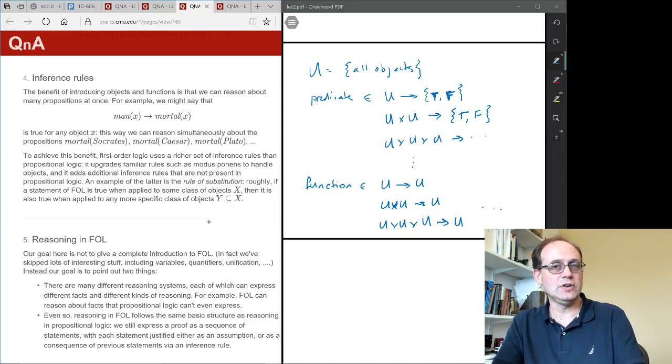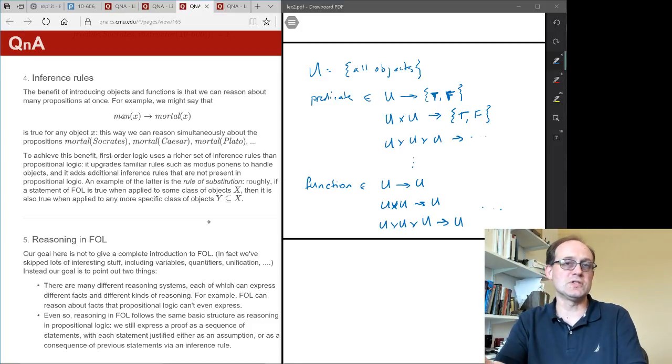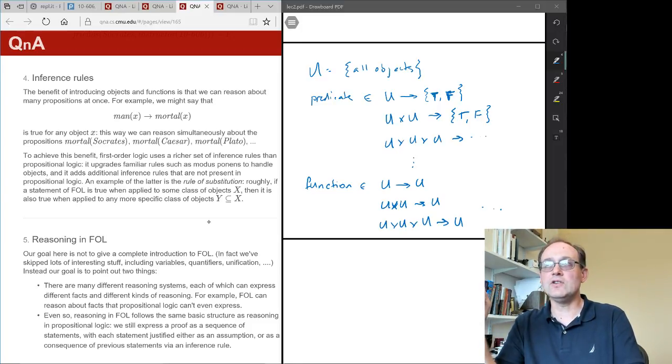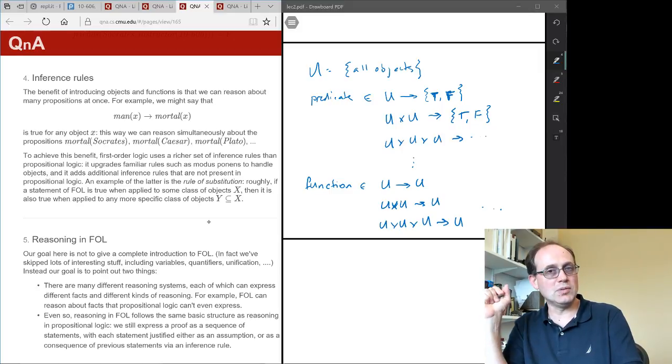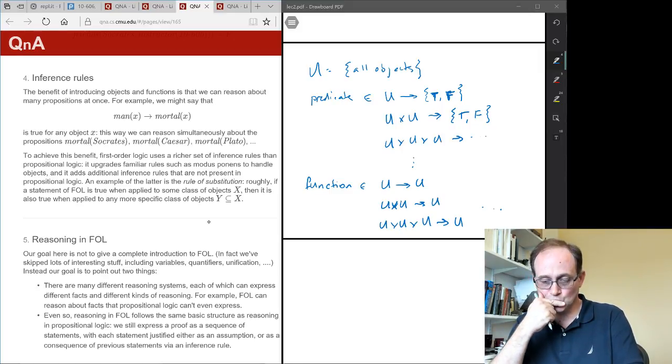And again, I'm not going to give that rule in full detail, but it basically says that if you have something that's true for all dogs, then it's going to be true as well for all German Shepherds, because all German Shepherds are dogs. And so it lets you take a variable which ranges over some class of objects and replace it by a variable that ranges over a smaller class, a subset of that class of objects. And anything that was true for the larger statement is true after restricting the variable to go in a smaller class. All right, so that's a whirlwind tour of first order logic.